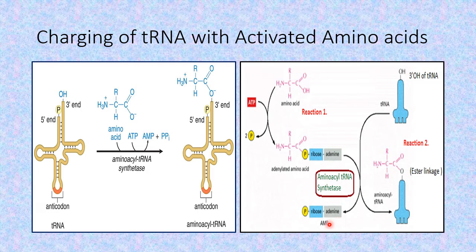This leads to the release of the adenosine monophosphate moiety, and this amino acid gets attached to the transfer RNA, and now this is a charged transfer RNA, or what we call the amino acid transfer RNA. So one of the raw materials is activated, that is the transfer RNA along with the amino acid.